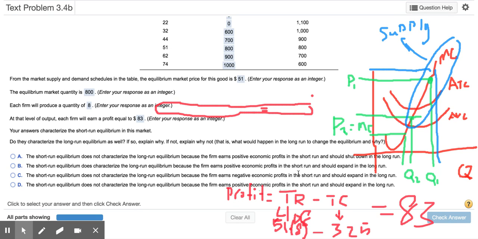And when the firm earns a negative profit, it should produce only in the short run and exit the market, not expand it. D, the short run equilibrium doesn't characterize the long run because the firm earns positive profit in the short run and should expand in the long run.